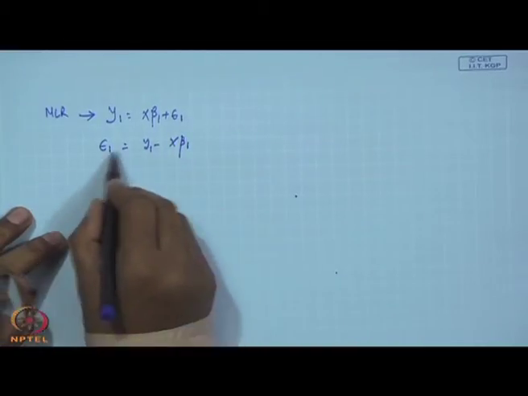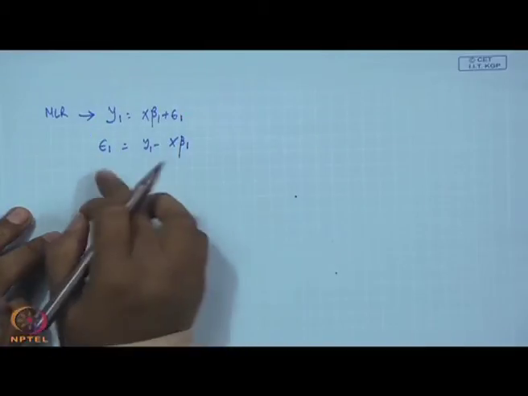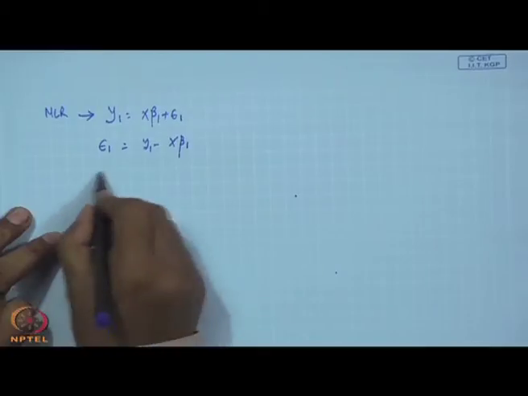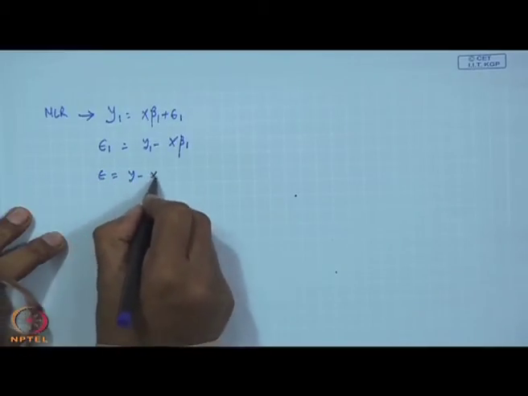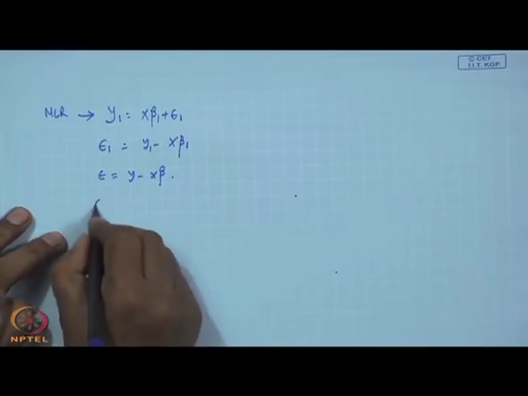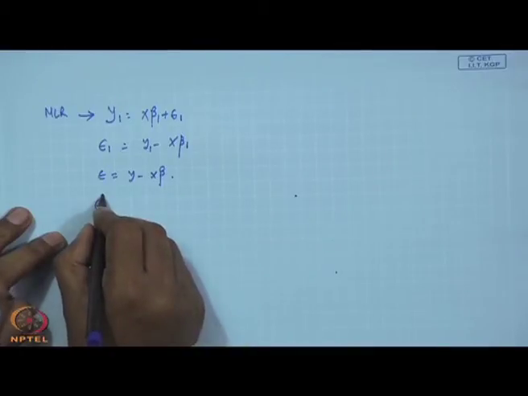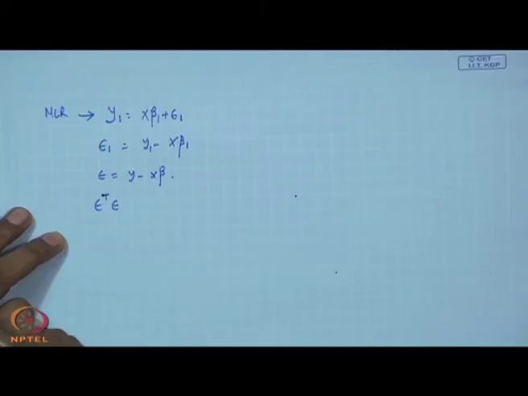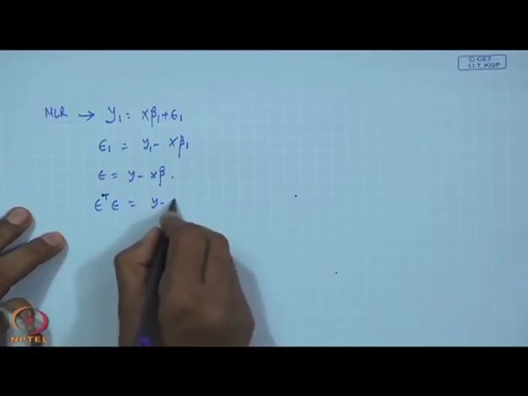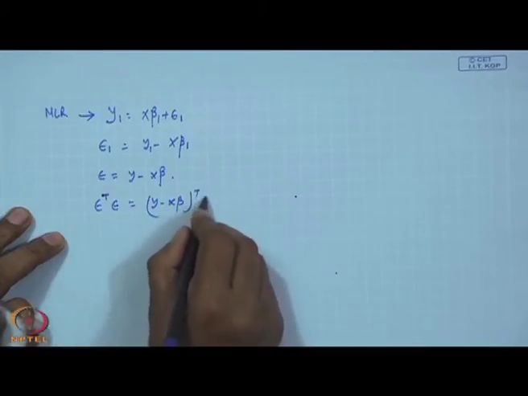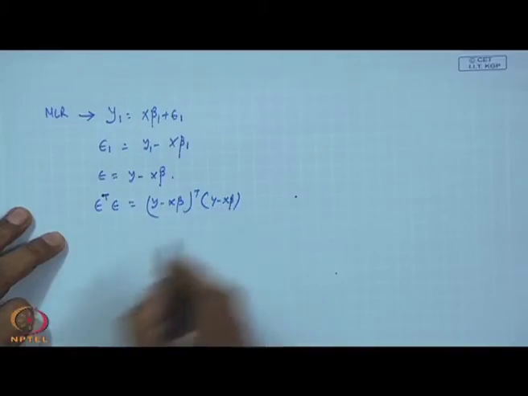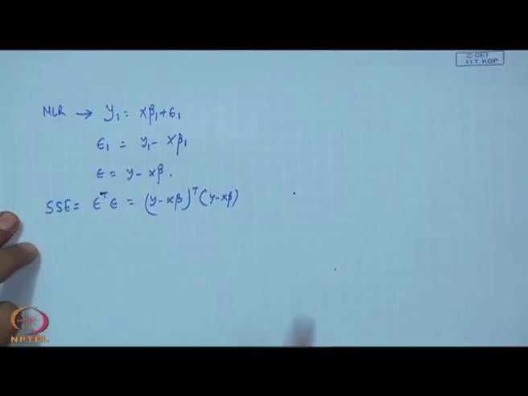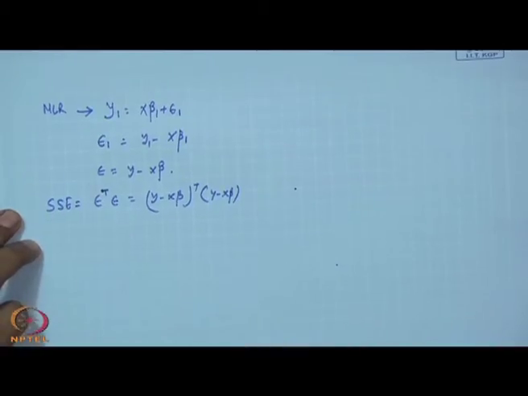If I forget about the subscript 1, because we are talking about only one variable, the general term is y minus X beta. Then you find epsilon transpose epsilon, that is (y minus X beta) transpose (y minus X beta), which we call the sum of squared errors.